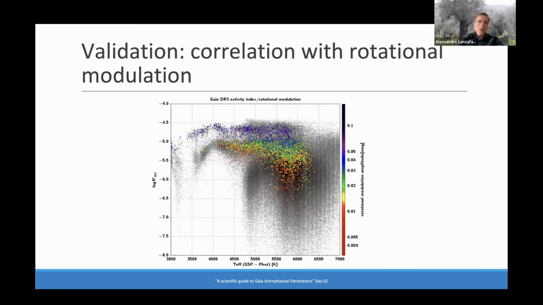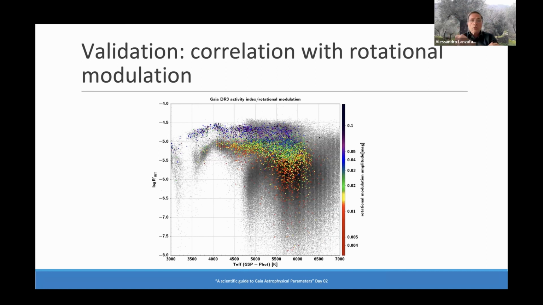Another thing that makes a lot of sense is the correlation with the rotational modulation that we provide within CU7, the variability coordination unit.